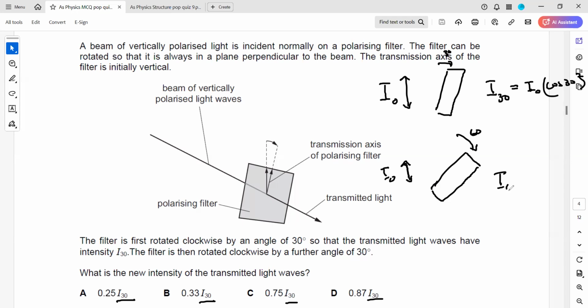So the new intensity I60 equals I naught cosine 60 whole square. Because all the options are given in I30, I naught is the same for both, the maximum intensity. That's why we compare the two equations to state the final answer in terms of I30.